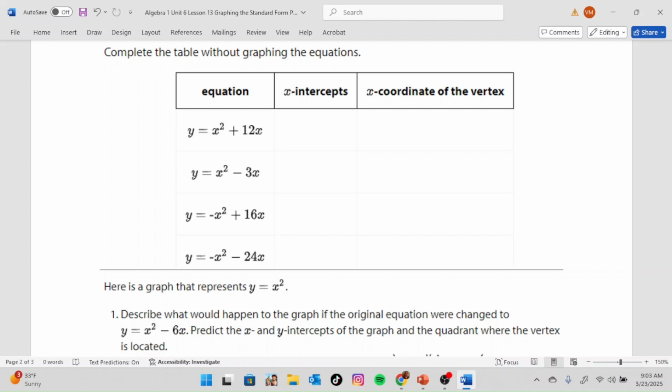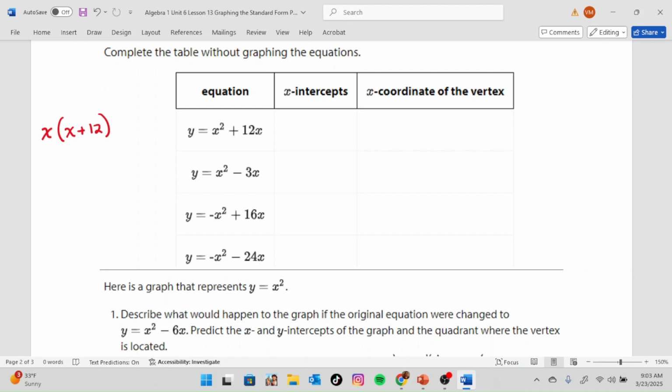So in every one of these, we have ax squared plus bx. So what we can do is we can factor this and then set the factors equal to 0 to find the x-intercepts. So in the first one, I would factor out an x, and then it would be x times x plus 12.